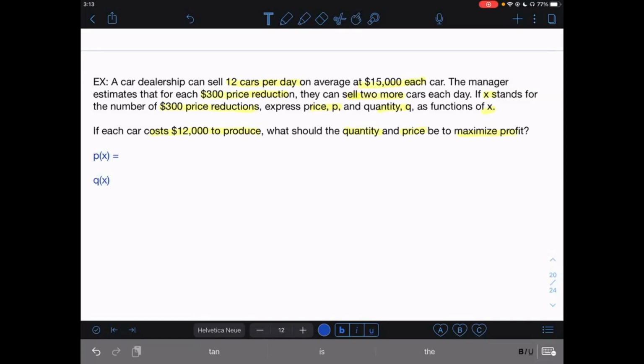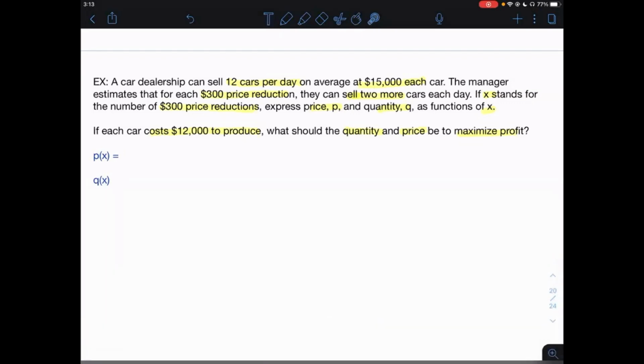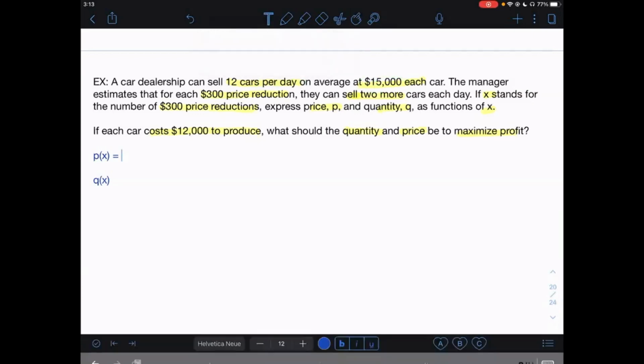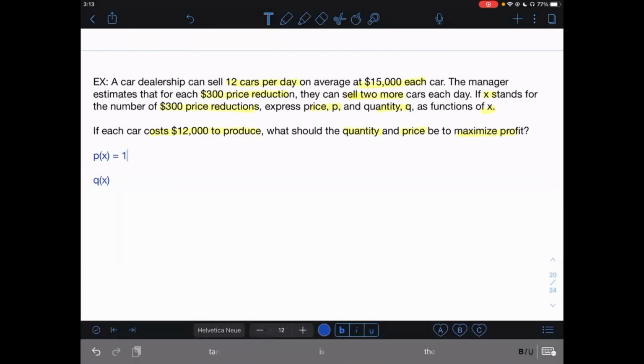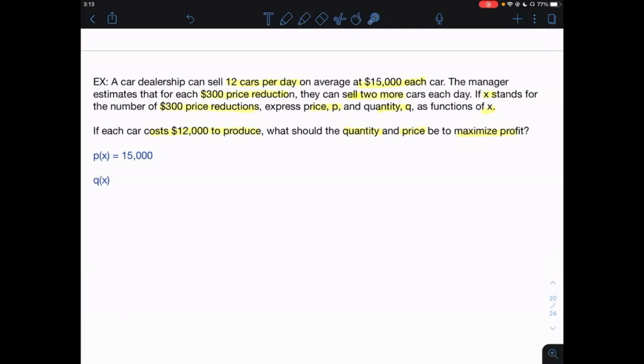Okay. Now, in this case, our price function, well, it tells us that the original price of each car is $15,000. So we're going to have 15,000 here. But we're trying to figure out what our price should be if we want to maximize our profit. And to change the price, what we're going to be doing is see how many $300 price reductions we're going to have to apply. Again, the number of reductions is being represented by X here.